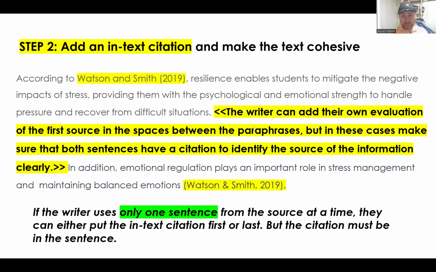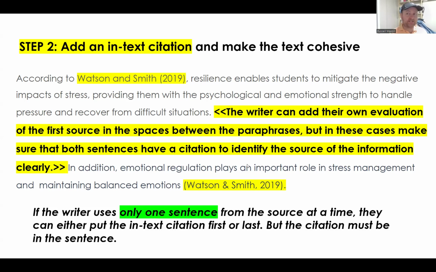There is no citation in the second sentence, so this indicates that it's the writer's opinion in this example. And then this sentence here is again from the same article. We need to cite it to make it clear to the reader that this is not the writer's opinion, but another sentence from the research article.